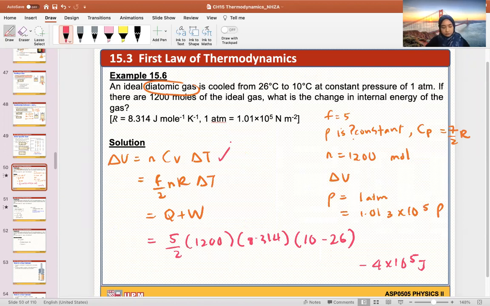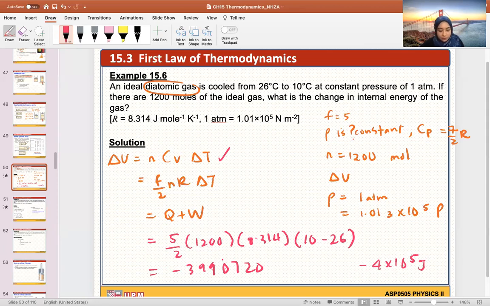1,200 times 5 divided by 2 times 8.314 times 10 minus 26. So the answer is minus 3990720.